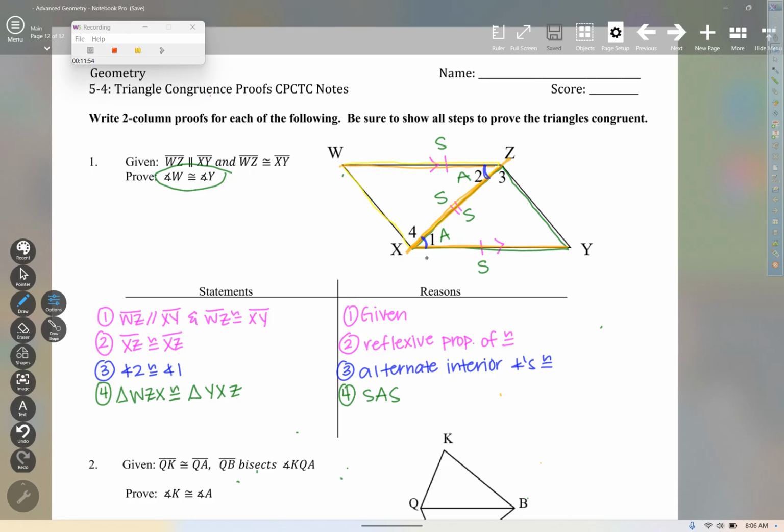And now, since I proved that the triangles are congruent, I can say all the corresponding angles and sides are also congruent. So I can finish it with angle W is congruent to angle Y because of CPCTC. And I want to mark it before I end. So I've already used 1 arc mark, so I need 2 arc marks on W and Y.